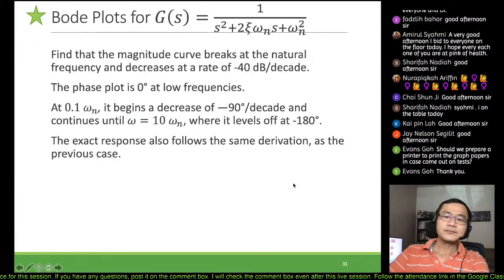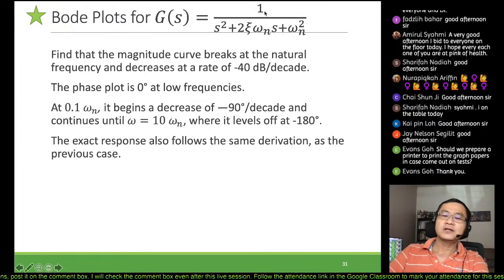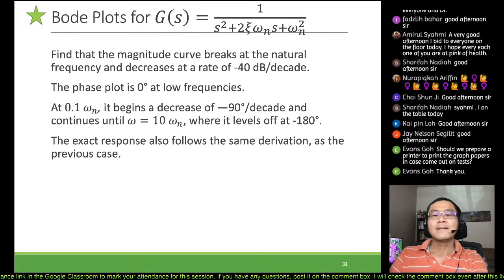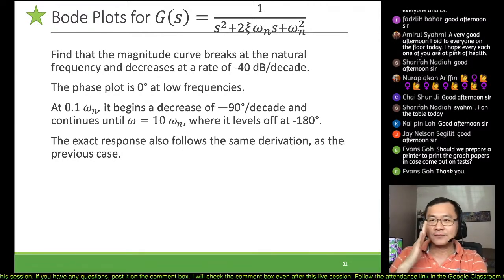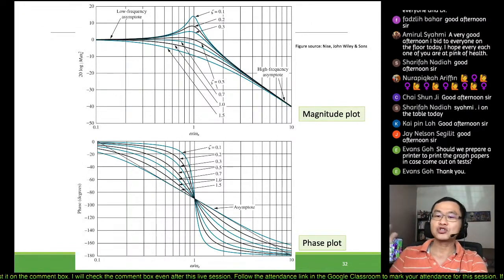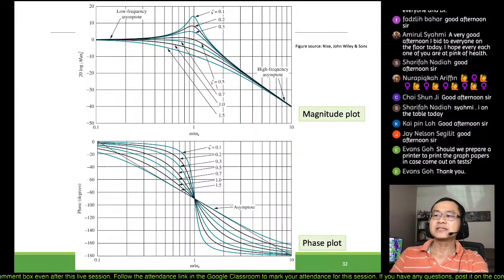For a Bode plot with a denominator with second order terms, it's just the reverse of what you have seen previously. Everything is just minus 40 dB per decade and minus 90 degrees at the break frequency for the phase plot. So this is how it would look for 1 over second order terms.